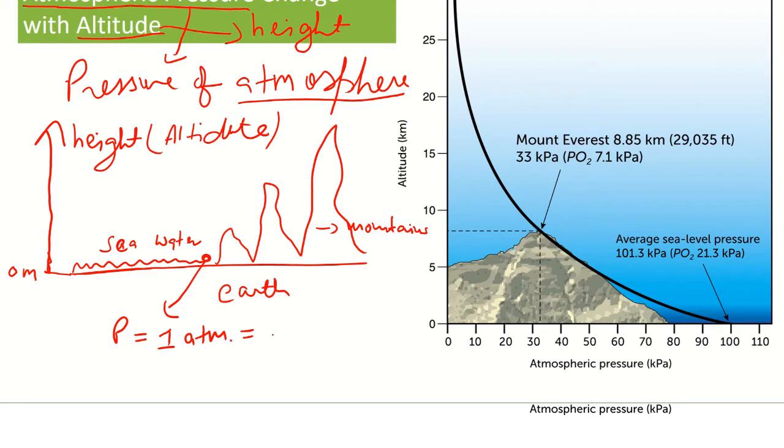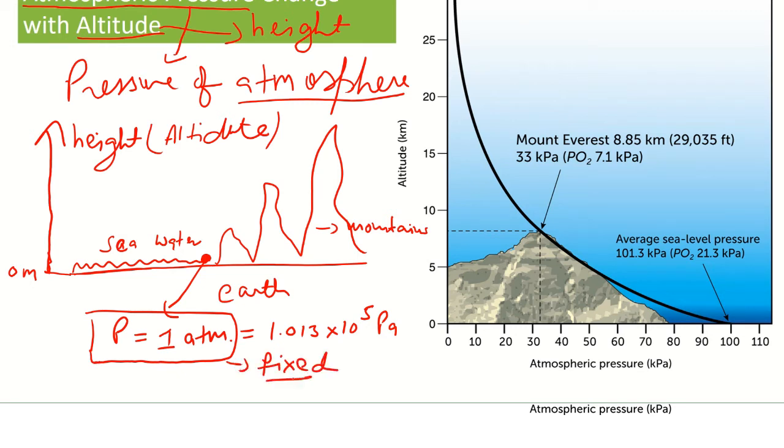In terms of Pascal, this is 1.013 into 10 to the power 5 Pascal. So at the sea level the pressure of the gas is 1 atmosphere, and this value is fixed. This will never change.